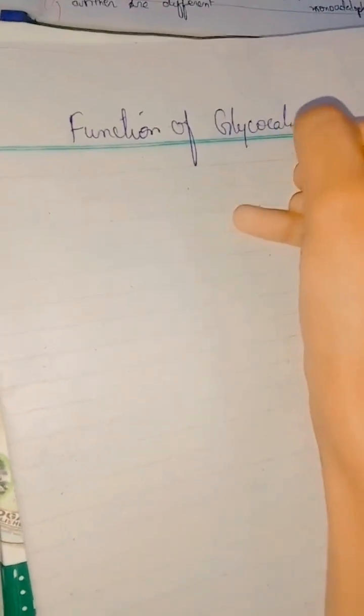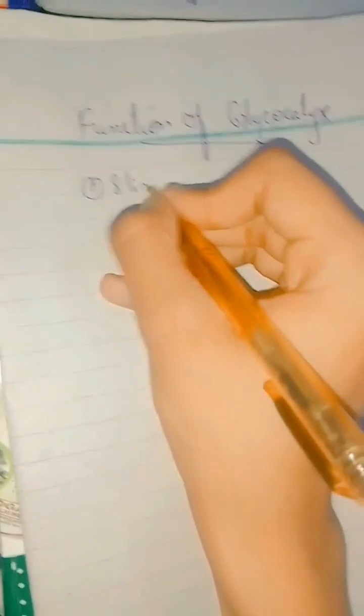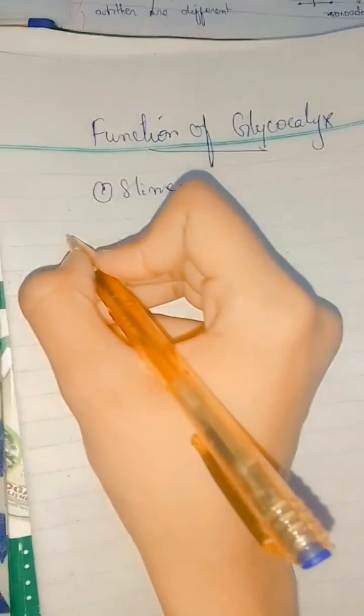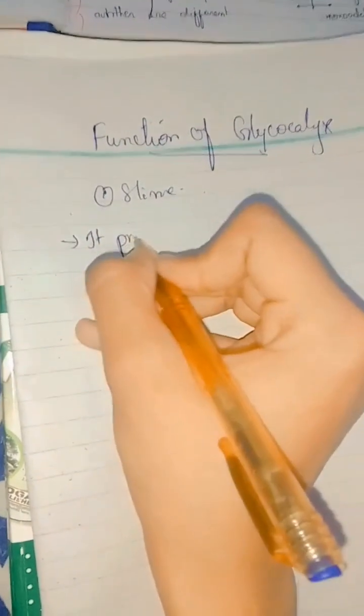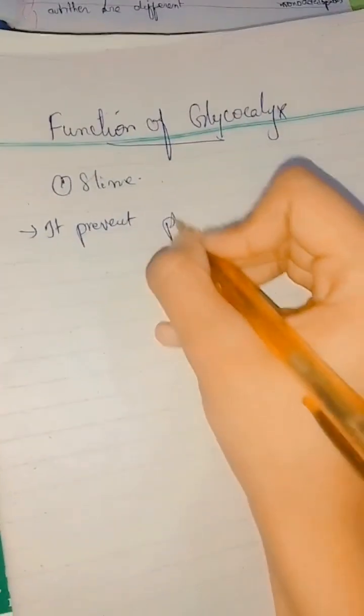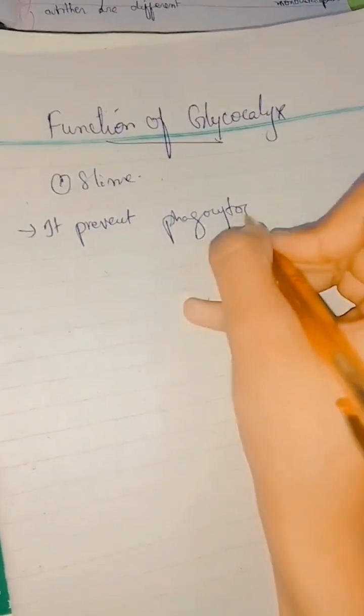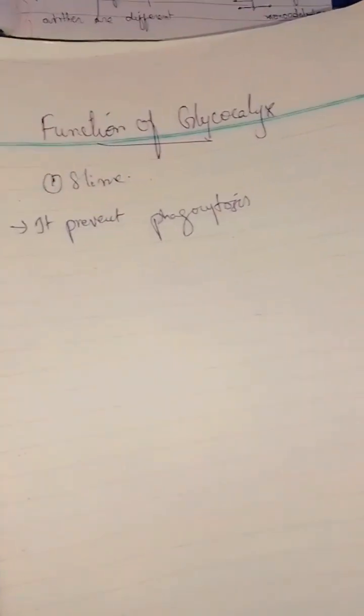Now talking about the function of glycocalyx. First of all, talking about the slime, it prevents the phagocytosis process, that is done by the cells of the immune system, the macrophages. Phagocytosis is a process in which macrophages engulf bacteria.